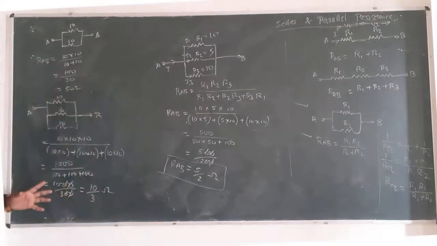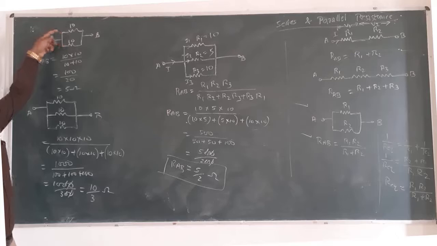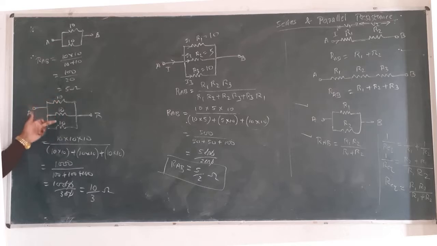So the logic is, if there is a combination of resistances having the same value, with two resistances the answer was divided by 2, basically 10 upon 2, that is 5. With three similar values, divided by 3, so the answer was 10 upon 3.